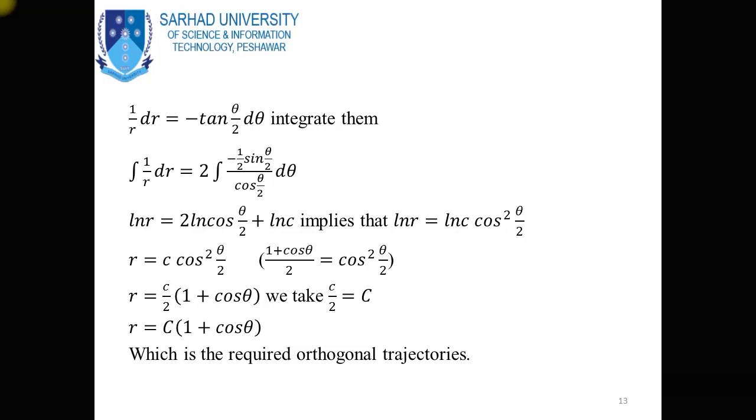We will get the differential equation of the required orthogonal trajectory, but we do not need the differential equation of the orthogonal trajectory. We need to find an equation, a function for our orthogonal trajectory. So solve that second differential equation for the required orthogonal trajectory.